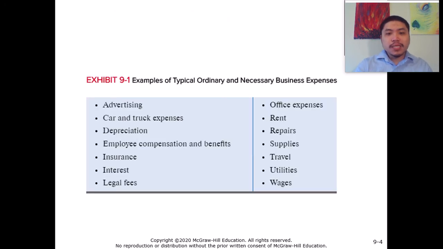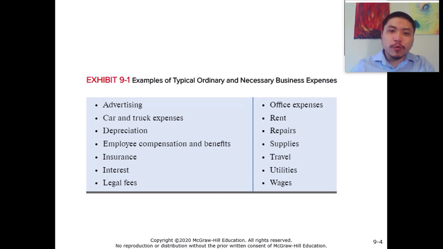And here are some of the typical ordinary and necessary business expenses: advertising, car and truck expenses, depreciation, employee compensation, insurance, interest. In the case the business acquires some loans, they have interest expense, right? Legal fees, office expense, rent, repair, supply, and so on and so forth.